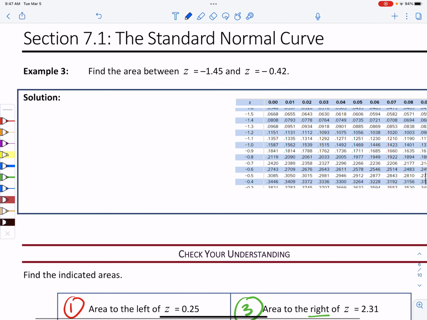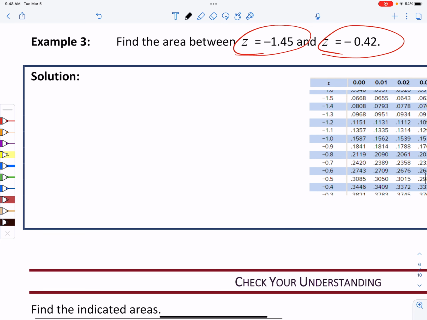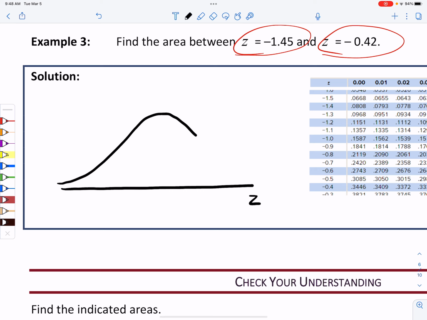All right, the third case that you're going to be looking at here is finding an area in between. So notice here we have two z-scores that we want to look at. So again, if I start with a sketch here, or if I'm given a sketch, this is going to be a bell-shaped curve centered at 0. Both z-scores are negative.